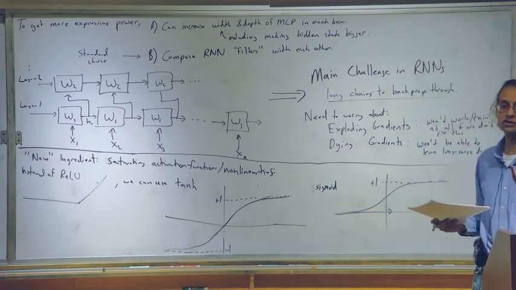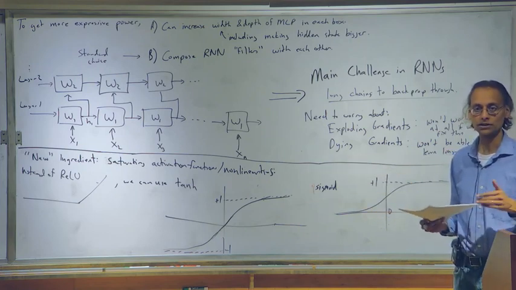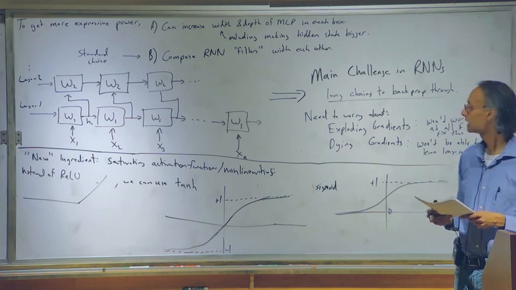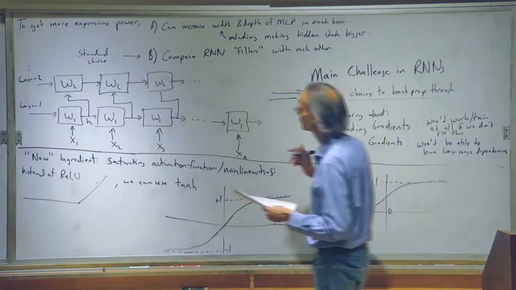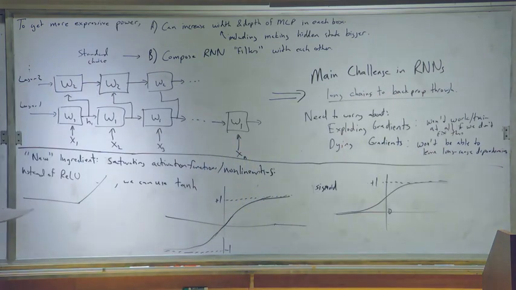Gradient clipping is a standard tool that can be used with ReLUs and so on that will stop the gradients from exploding. So clipping is used as a way to stop things from going crazy.